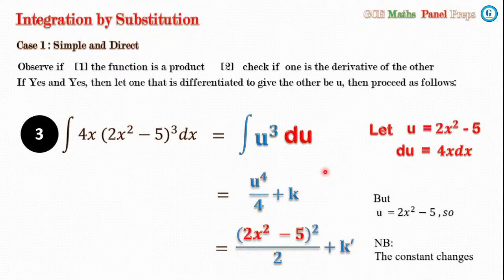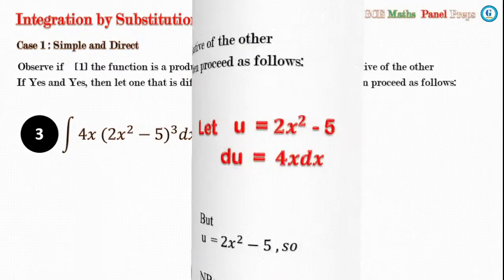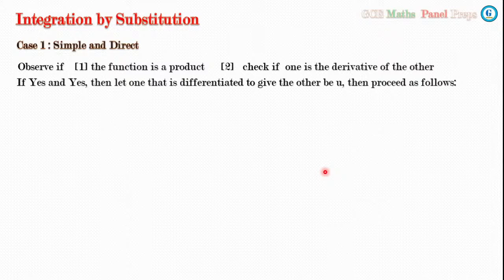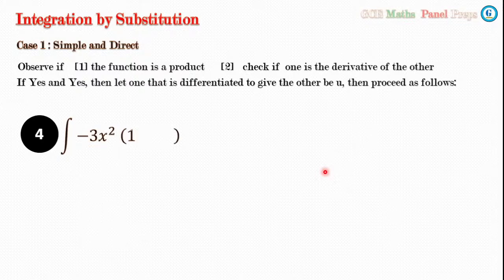Example 4. So with example 4, we have minus 3x squared into (1 minus x cubed) all raised to the power 7 dx.